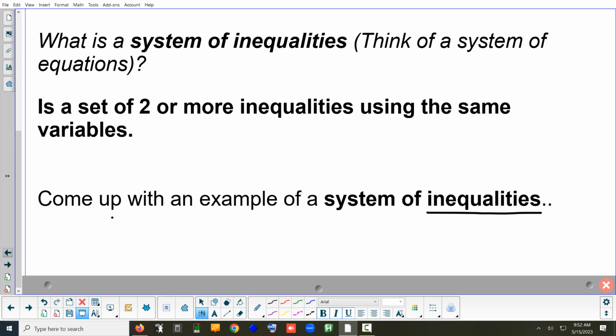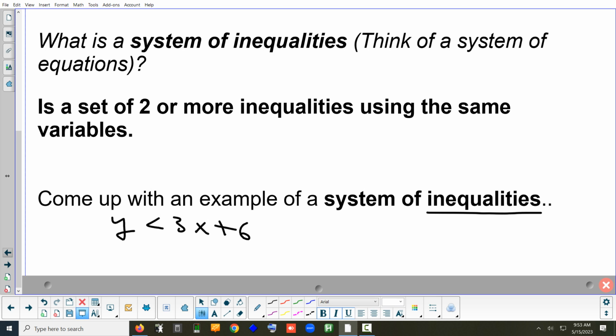So what would be an example I could write down of an inequality? Y is less than 3x plus 6. Perfect. Can somebody give me a different inequality?